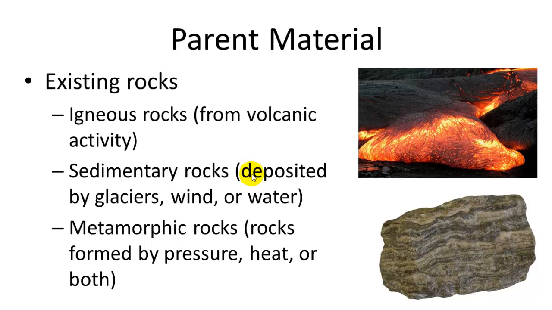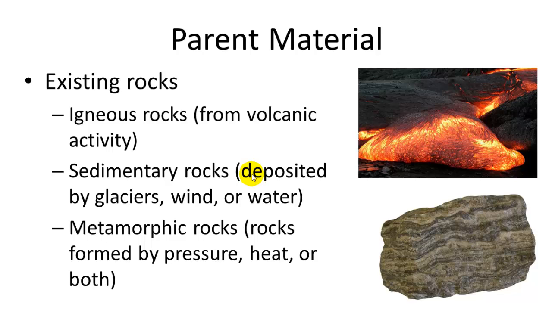You also have sedimentary rocks, which are rocks formed through the erosion of rock by wind, soil, or other things. And then metamorphic rocks, which are formed from sedimentary rocks that have been under extreme heat or pressure, or both, for millions of years.